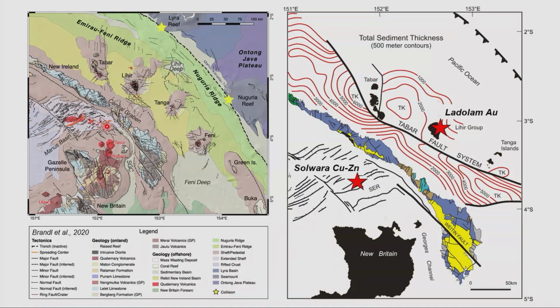This is the Nautilus Minerals property that was imminently going to be mined in 2019, but they went bankrupt. This is a back arc spreading center in arc-like crust, so you're producing lavas which are very similar to, for example, Noranda, and large massive sulfide deposits.